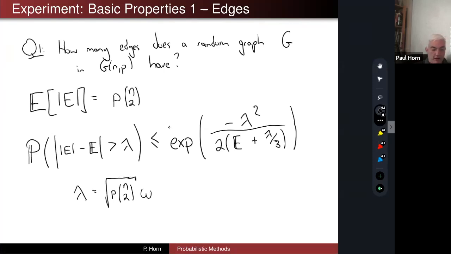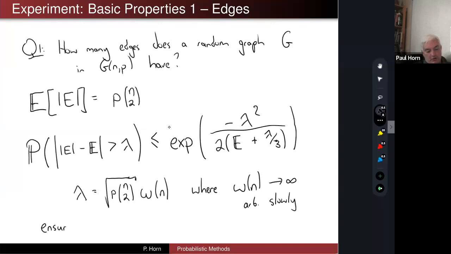So really what I would like to do is make it go to 0. And I can do this by just tacking on some function that goes to infinity arbitrarily slowly. If I do this, then this ensures that the probability that the number of edges minus the expectation is bigger than lambda goes to 0.